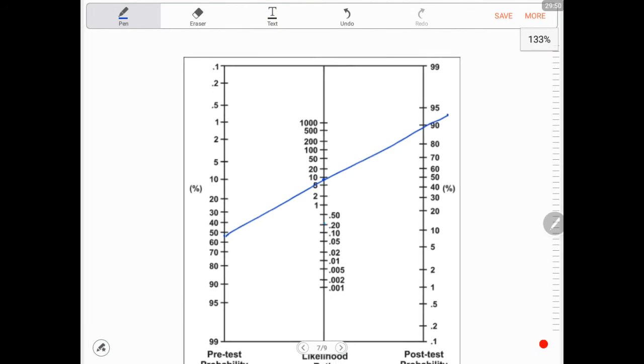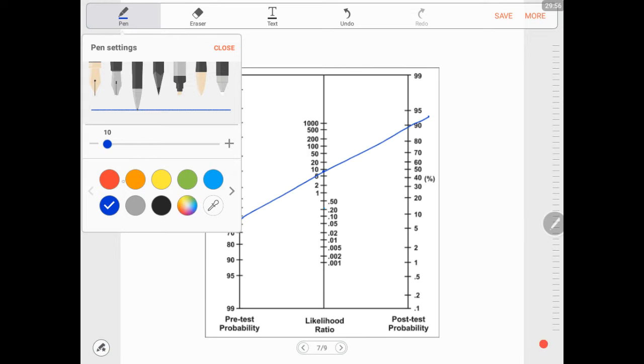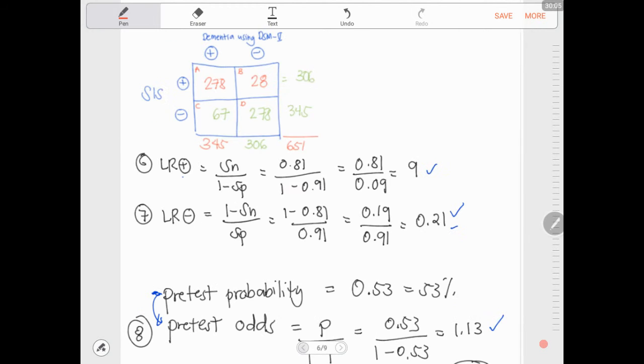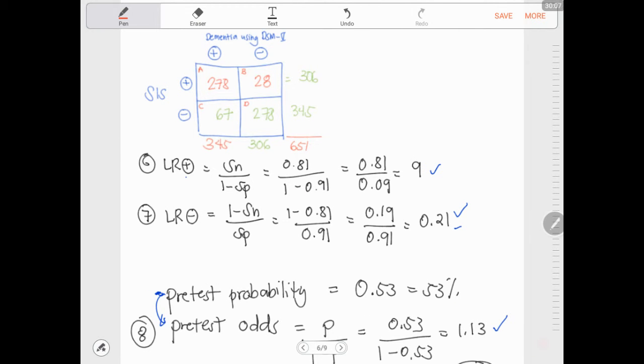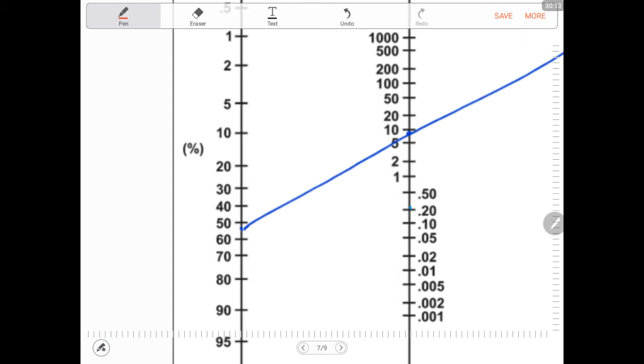Tingin mo, almost, di ba? Okay. What about sa post-test na negative? So, the likelihood ratio was, what was it again? 0.21. The same pa rin ang pretest. So, ang 0.53 as is.